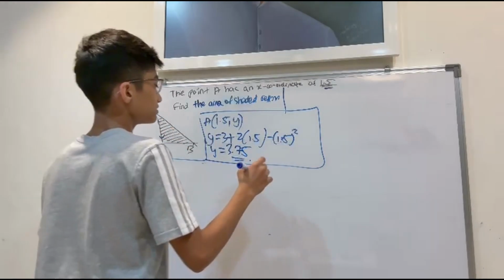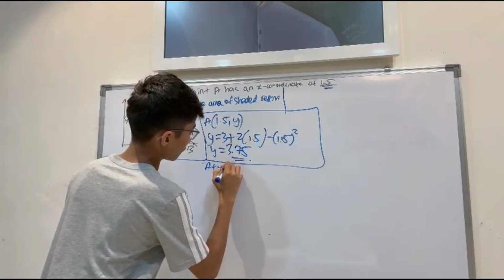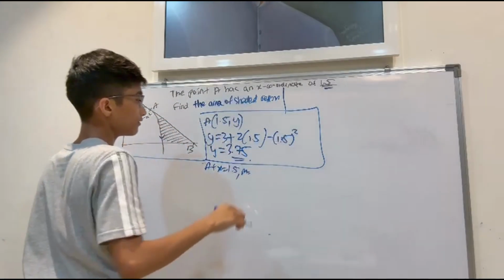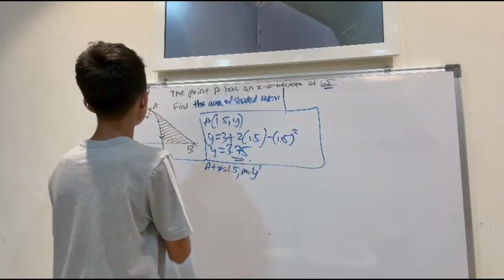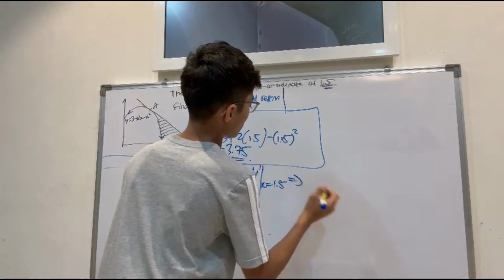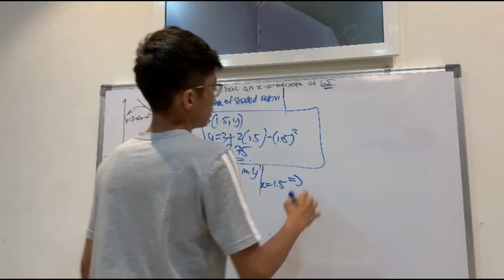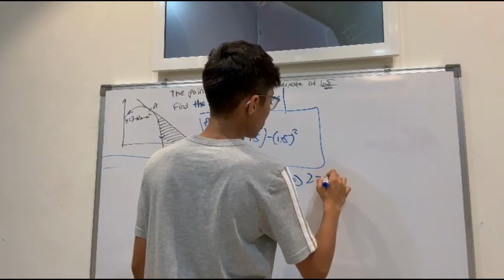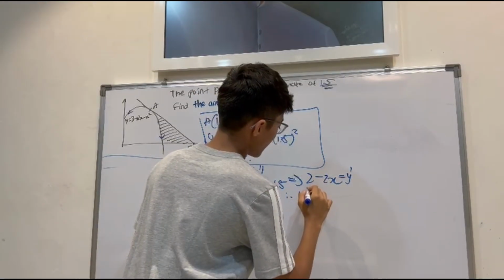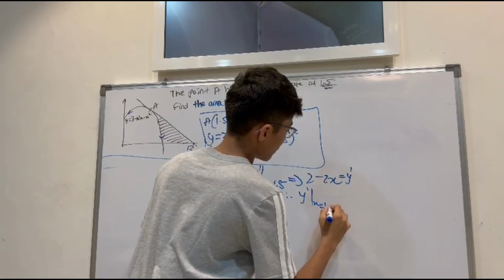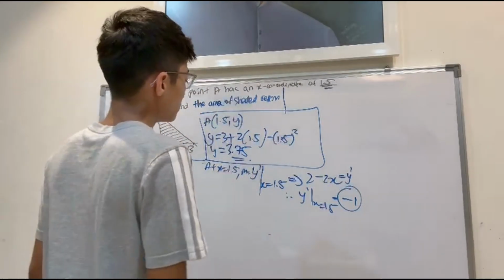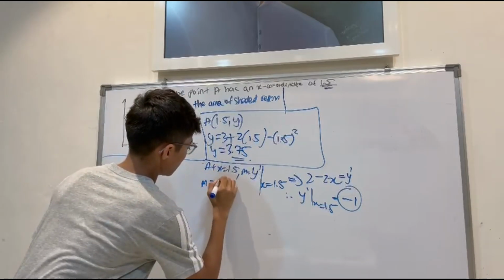So at x equal to 1.5, m, the gradient, would be the differentiation of y at x equal to 1.5. This gives us 2 minus 2x as y dash. So y dash at x equal to 1.5 would give me minus 1. So we get m as minus 1.